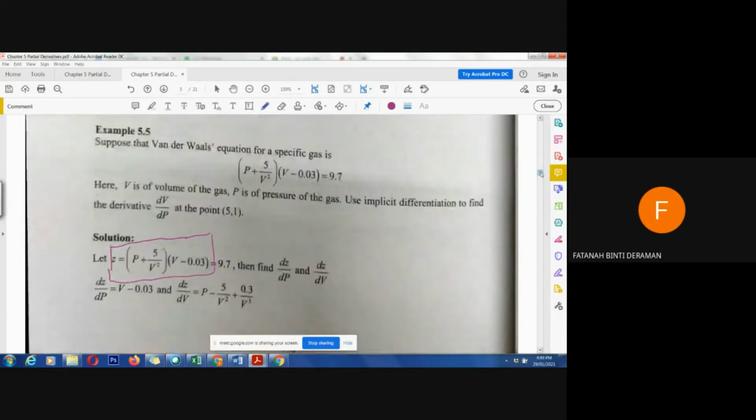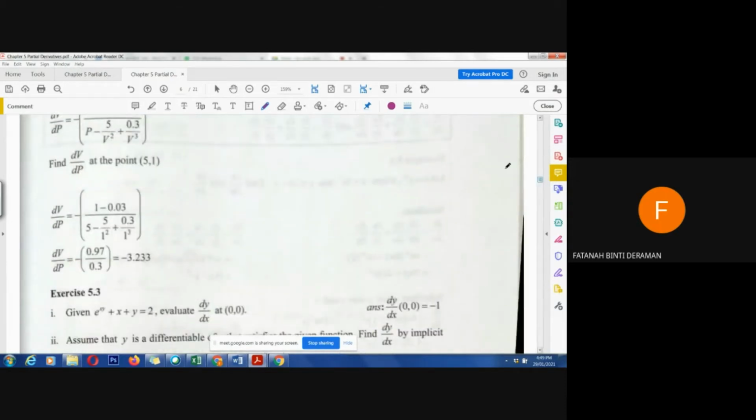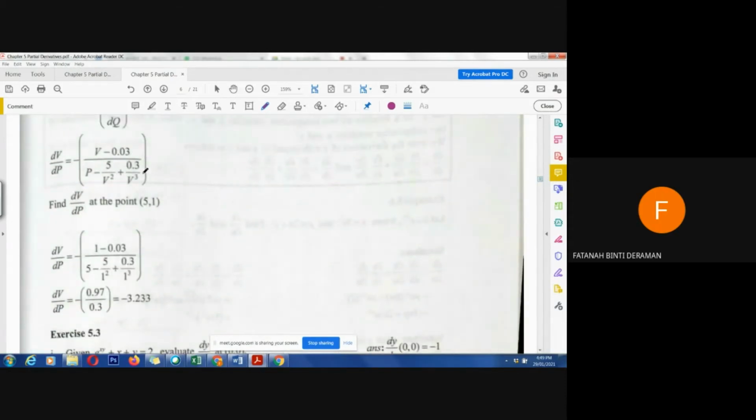Then we apply the formula: dV/dP equals negative dz/dP over dz/dV. So we just put in the answer and then simplify. This is the simplified form. You can simplify it more, but you can just leave it here because the question only asks us to put in a point.